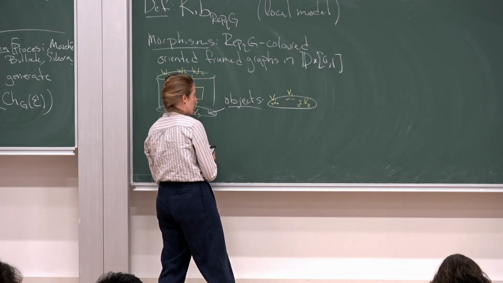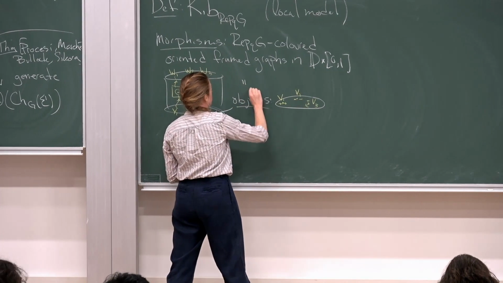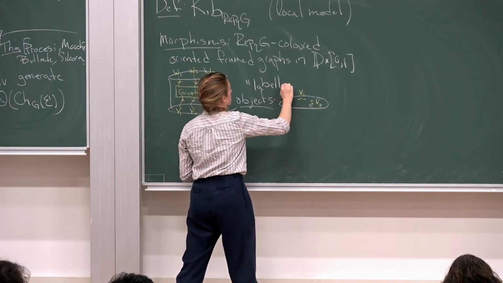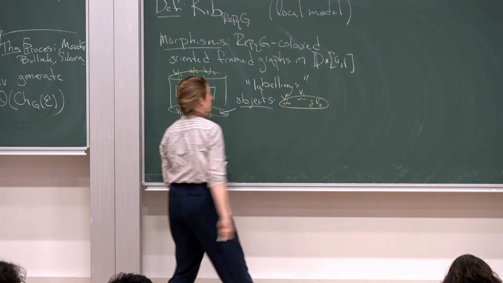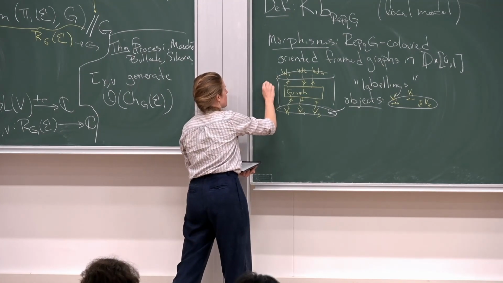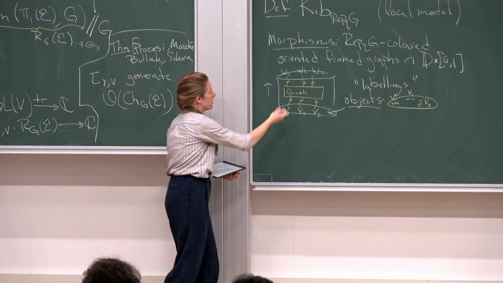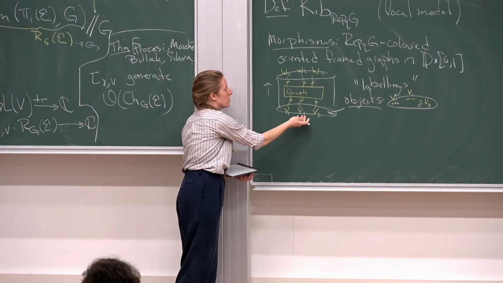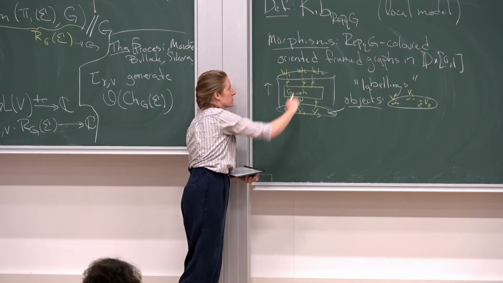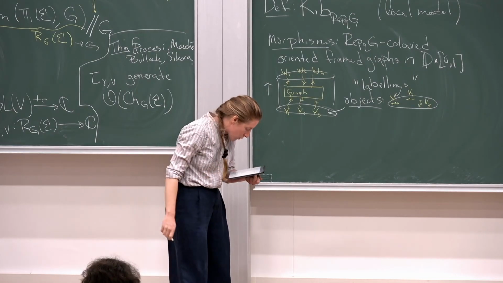And these things I'm going to call labelings. In case you're curious, my notation will be that my morphisms go up, right? So this graph here I would think of as a morphism from this configuration of points on some disk to this one. Okay.